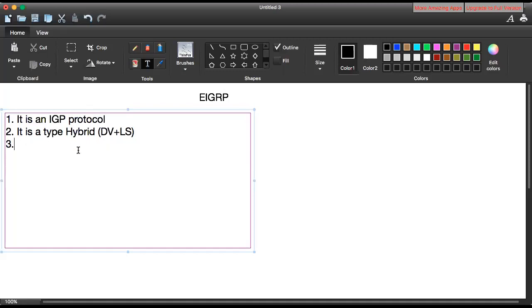Anyone? What is EIGRP? Any characteristic of EIGRP that you remember? It's a classless routing protocol. Yes, EIGRP supports classless routing as well.